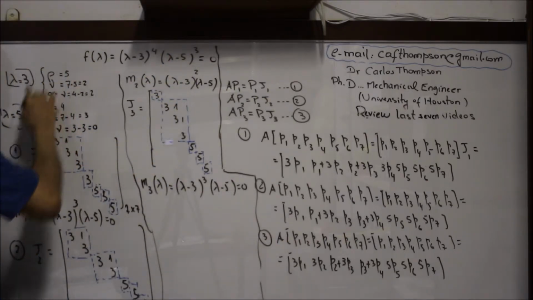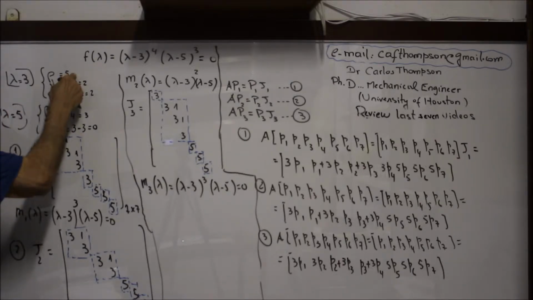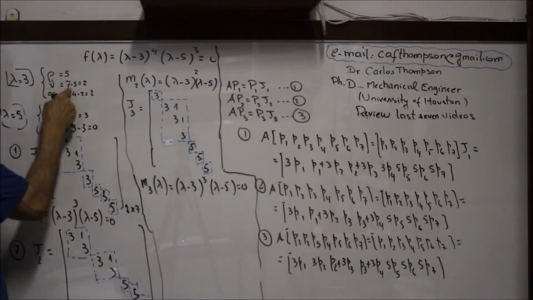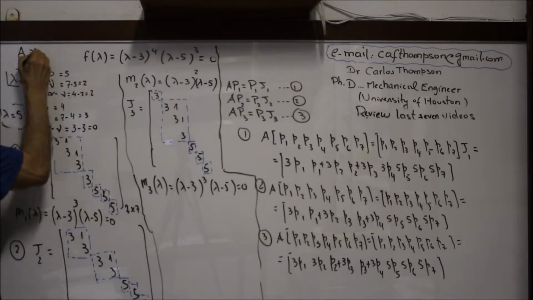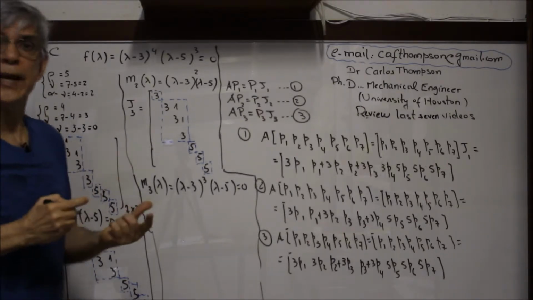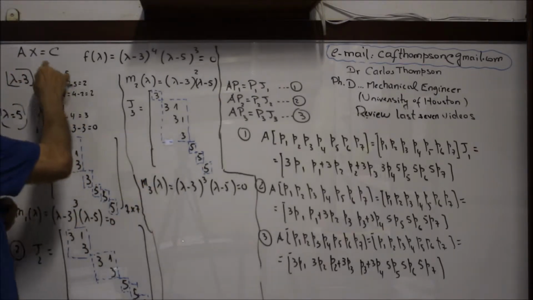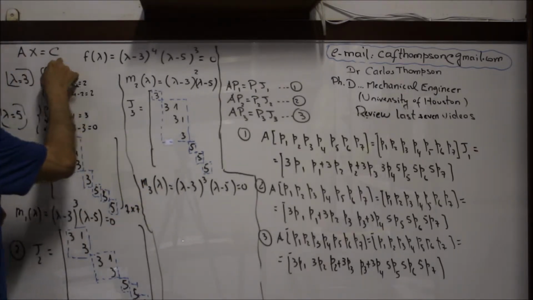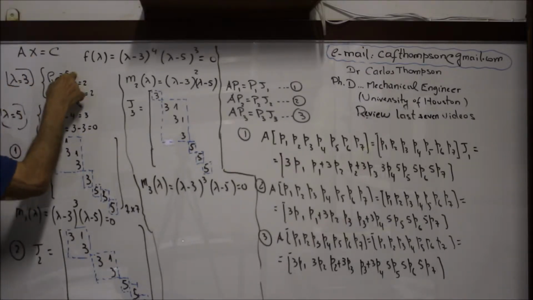Now rho for lambda equal to 3 is 5, so ni is equal to 7 minus 5. Remember that this A here comes from the elements of A, which are the coefficients of the unknowns. Now x is unknown, c is a known vector. For lambda equal to 3, rho is 5.